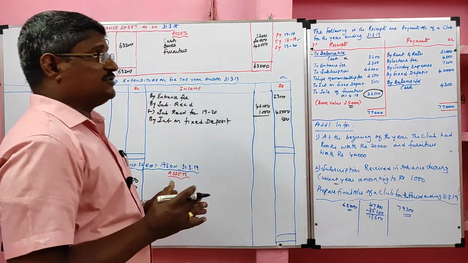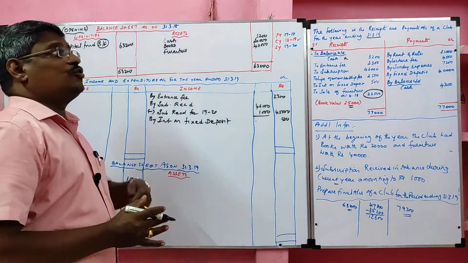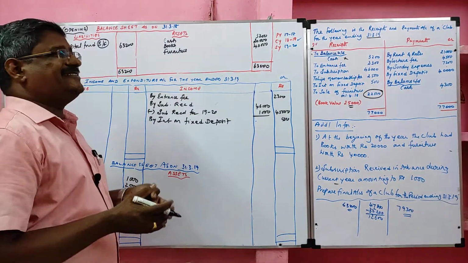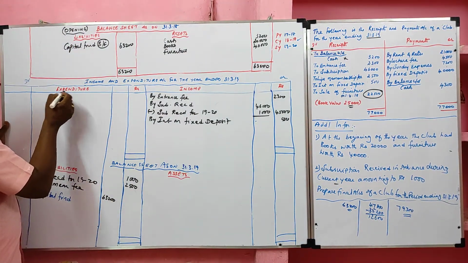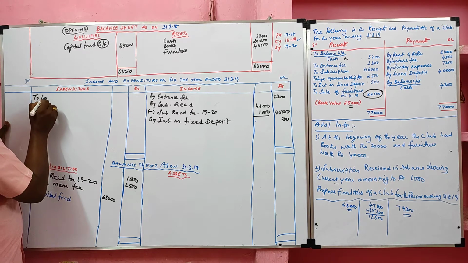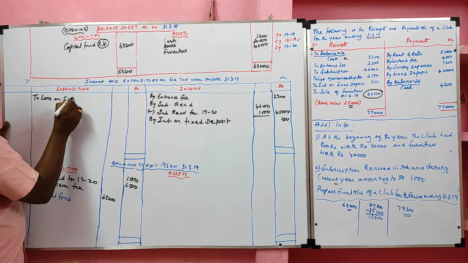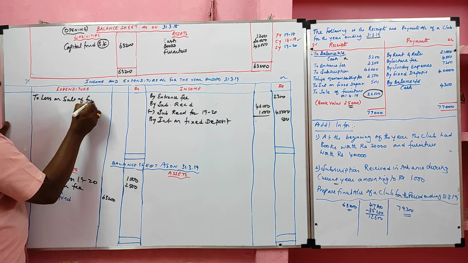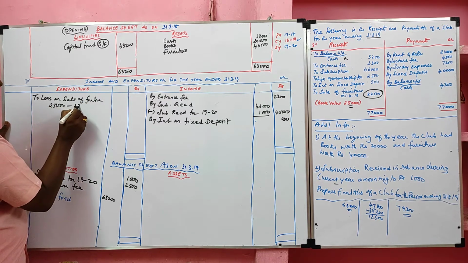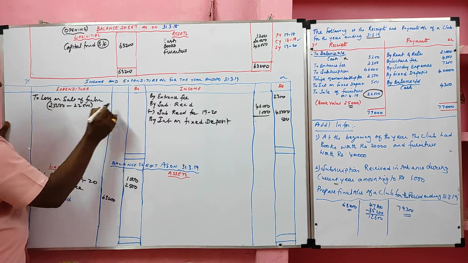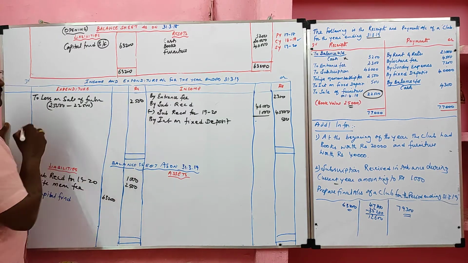So furniture of 25,000 value was sold for 22,500. It is a loss to the business. It will be debited, recorded in the expenditure side as loss on sale of furniture, book value minus sale price, that is a loss of 2,500.